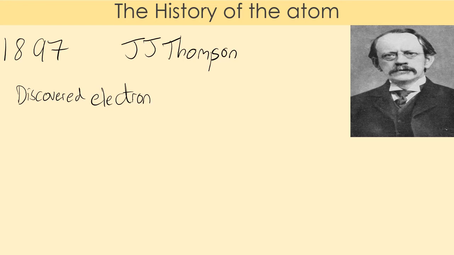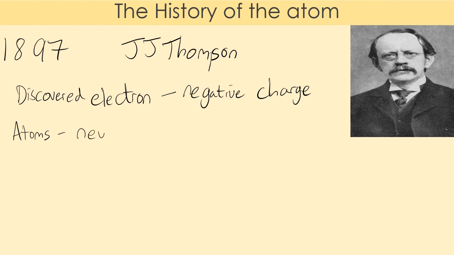He realised the electron had a negative charge. And obviously realising as well that our atoms, as they are naturally, are neutral. They have no overall charge. So to counteract this, he realised the atom must have a positive part as well. So he developed his plum pudding model.